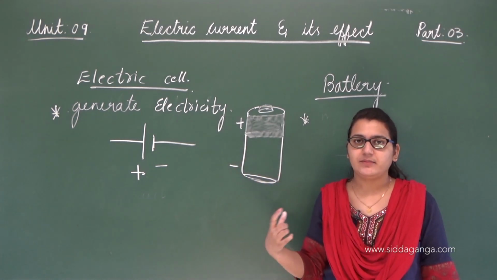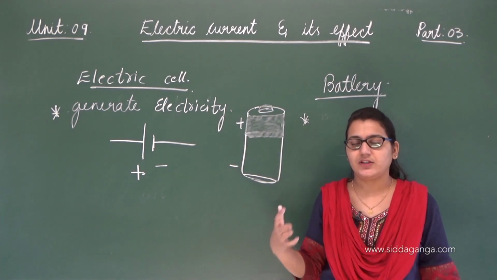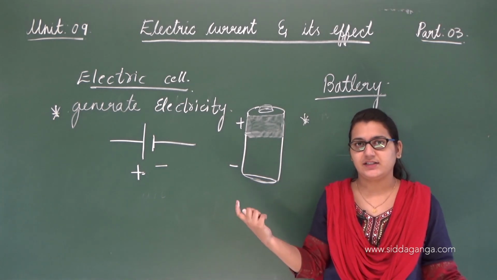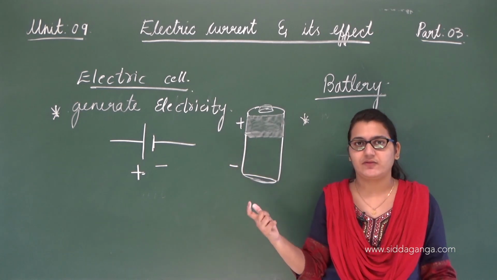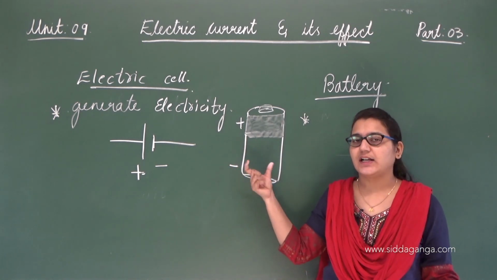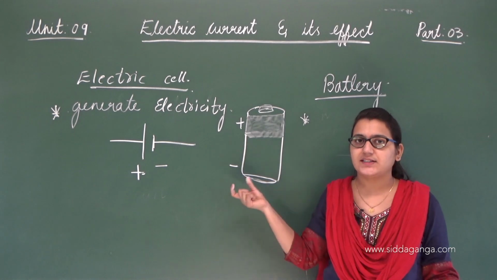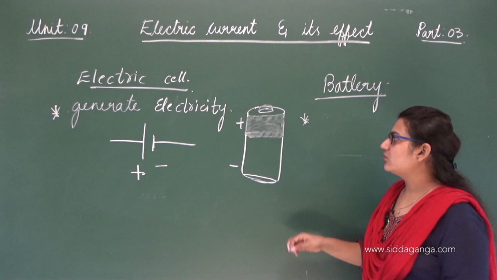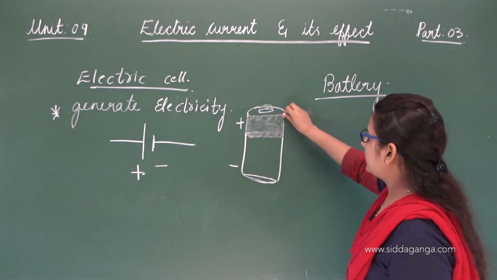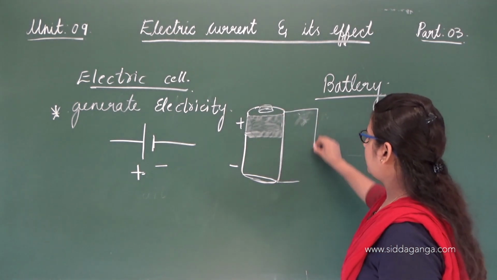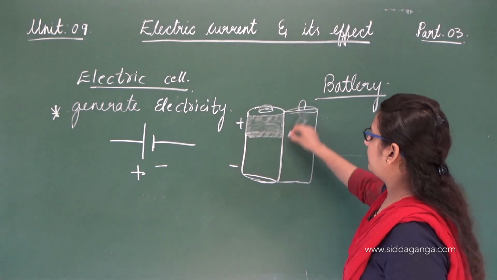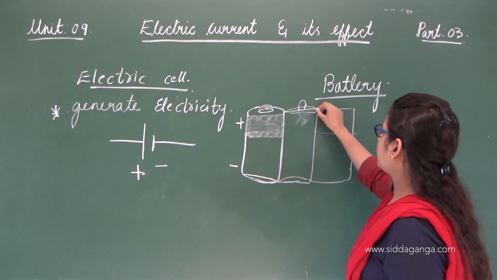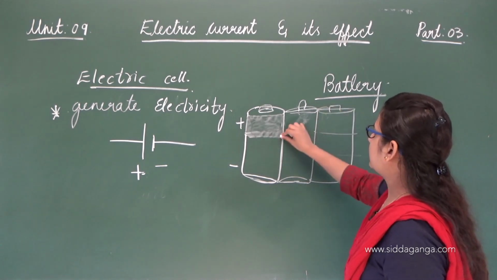But most of the time we need a huge amount, more current or more energy, right? So a single cell won't be enough. So what we do is we join these cells together to form a battery. We just have to join these cells.